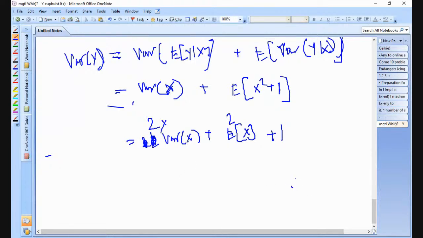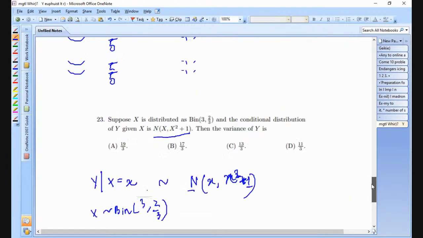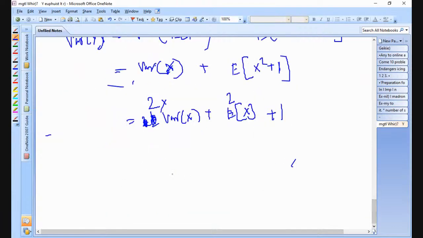X is Binomial(n, p), so the variance is np(1-p). What is n over here, Sneha? n is 3 and p is 2/3. So it's 3 times 2/3 times 1/3, and the expectation of X is np, which is 3 times 2/3, whole squared, plus 1.